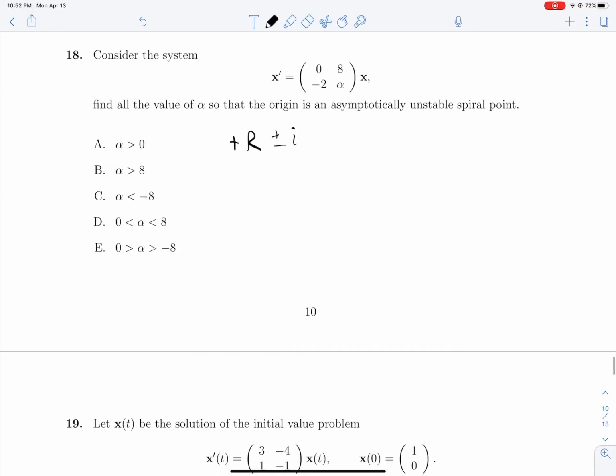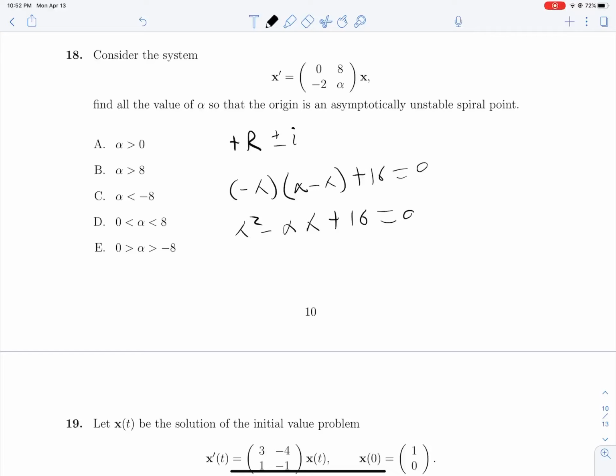So all we need to do is solve the determinant of A minus lambda I equals 0. That's negative lambda times alpha minus lambda plus 16 is equal to 0. We get lambda squared minus alpha lambda plus 16 is equal to 0.